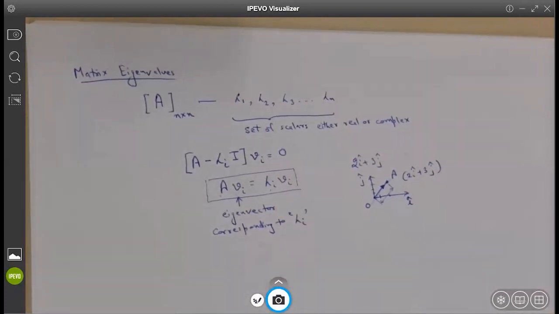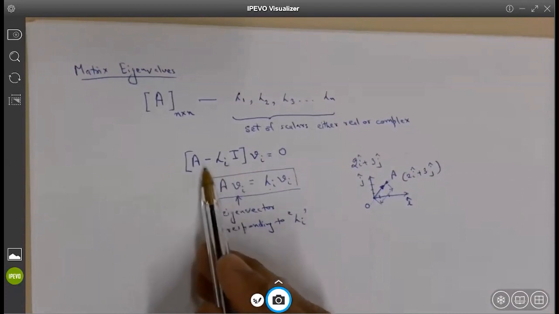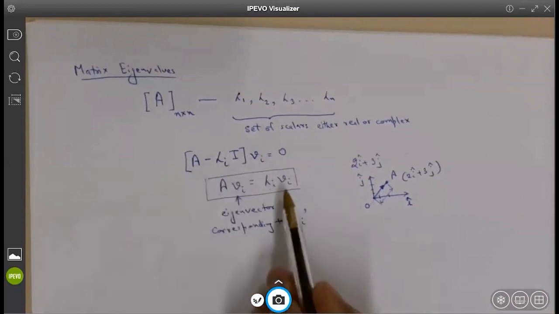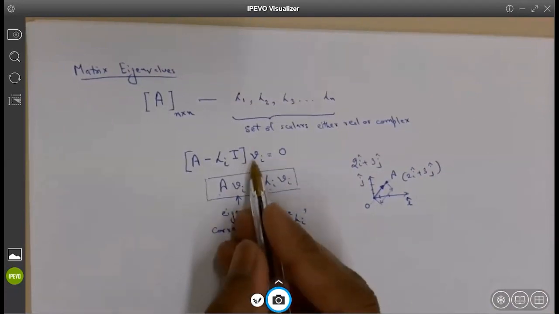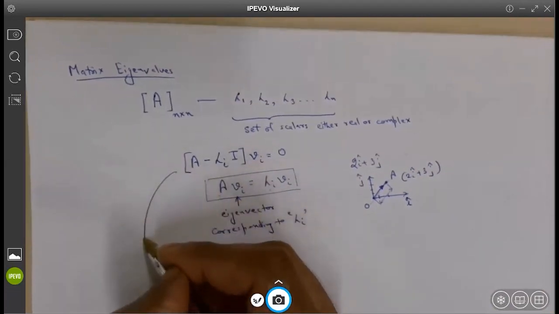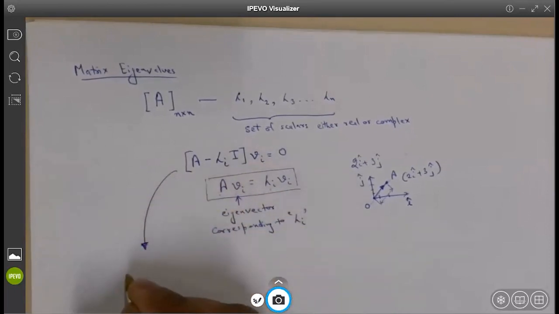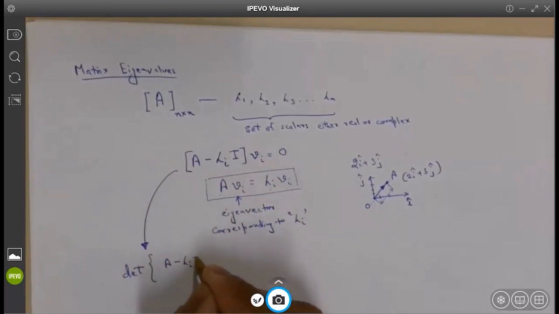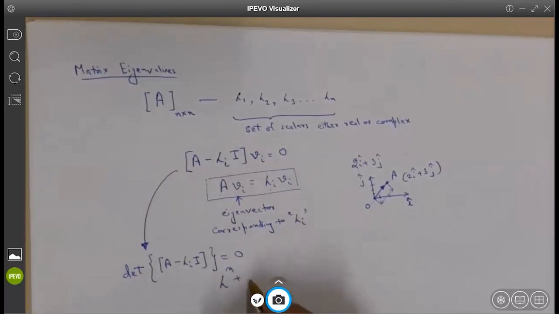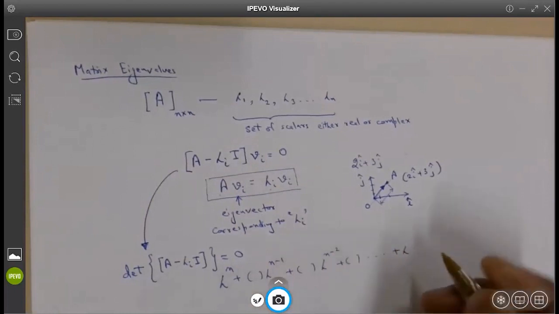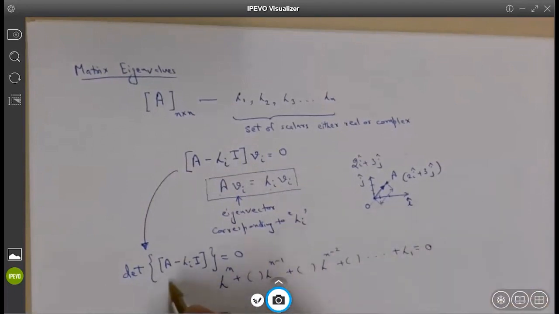To solve for this, the vectors are non-zero vectors. So to solve this equation, you have to set the determinant of this matrix to 0, which leads to a characteristic equation, a polynomial equation: lambda^n plus some number times lambda^(n-1) plus some number times lambda^(n-2), and so on up to lambda^1.